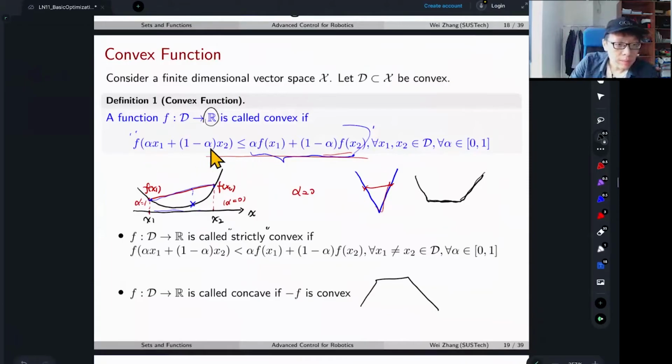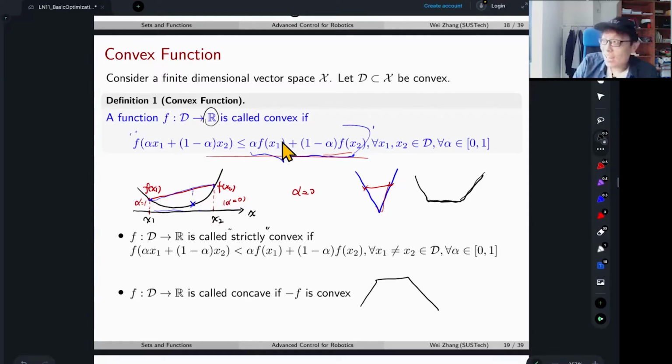Basically, the convex combination of these function values always stays above the actual function value at any point. We can look at this figure. That's the definition of convex.